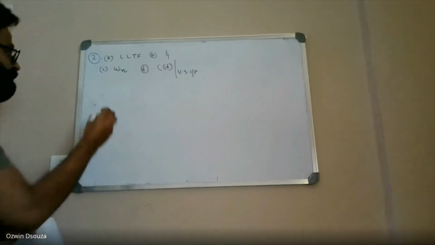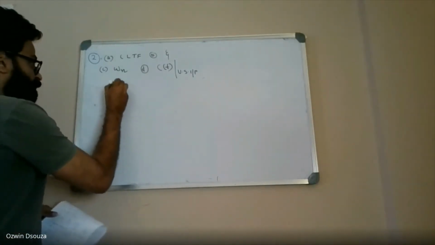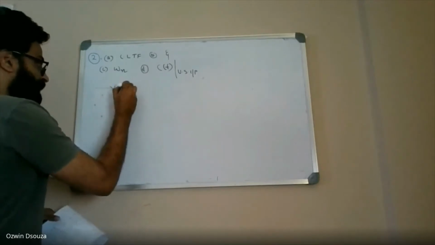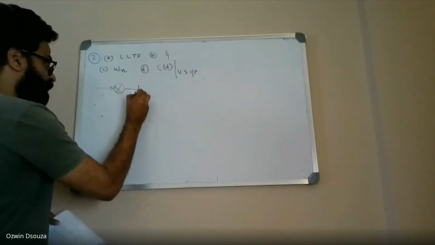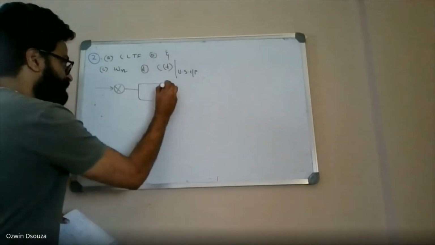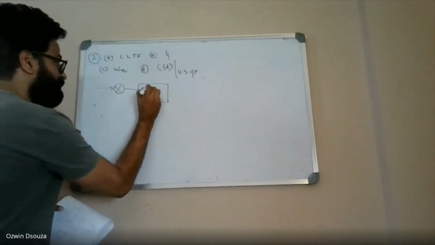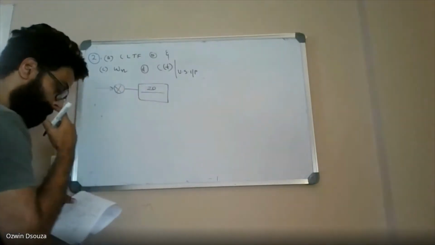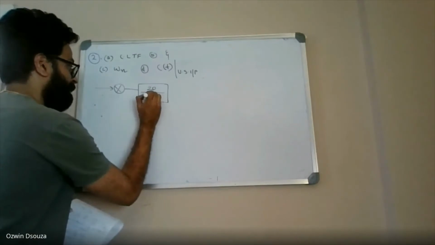All right. So we have the block diagram representation of a system. You don't have the direct description of the system. The system description is given in terms of a block diagram.